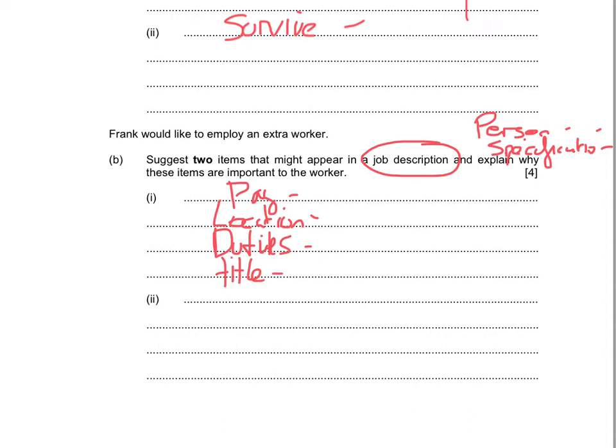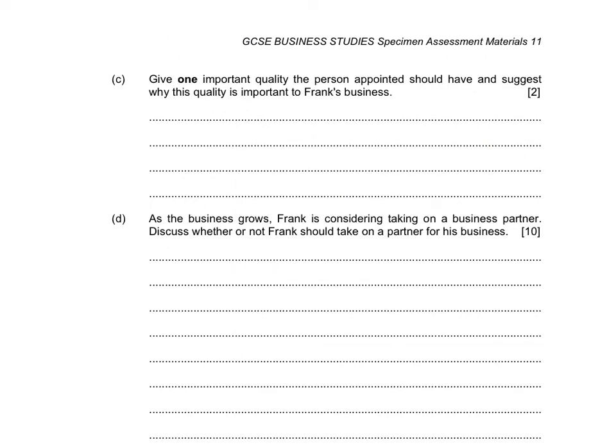But the key thing here is please don't just say it, you've got to explain. If you don't explain, you're not going to get all the marks. Right, this is just painful to me in my opinion. This is so obvious. Give one important quality the person appointed should have, and suggest why this quality is important to Frank's business. So this person's getting employed in the tea room, so literally anything will do at this point.